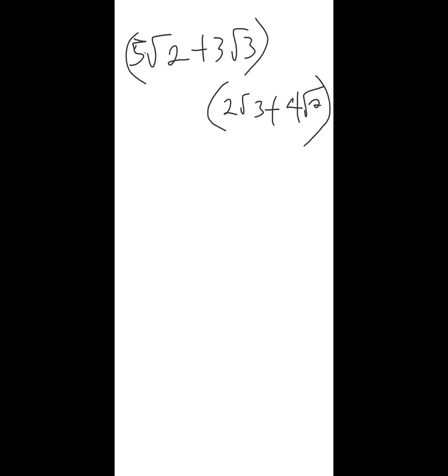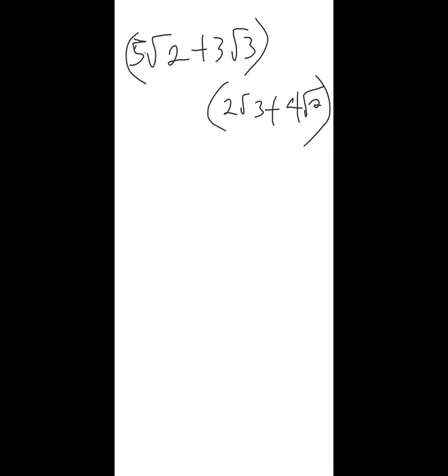And by what you already know, one thing I would just encourage you to do is please pay attention very well. Whenever you are multiplying, numbers can only multiply numbers, and roots can only multiply roots, okay?